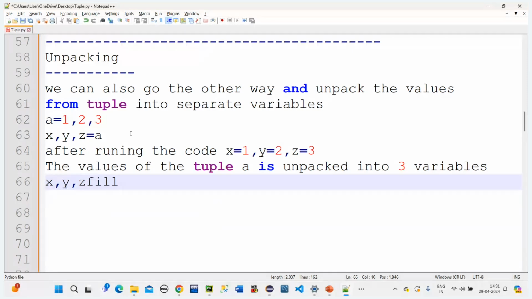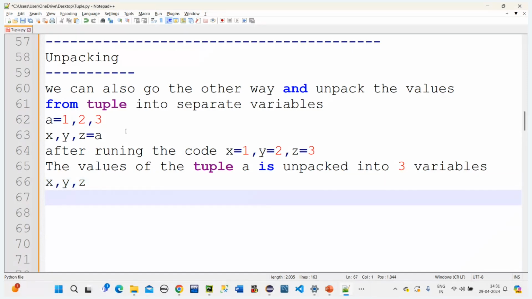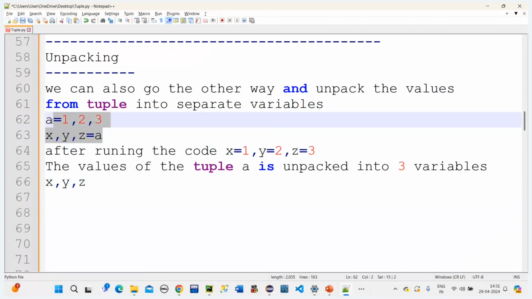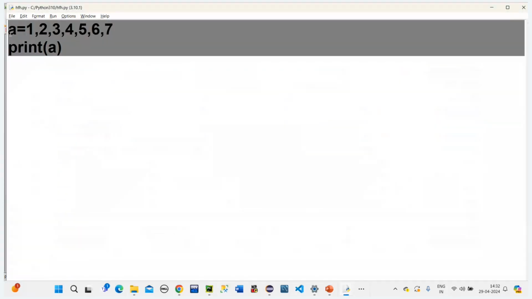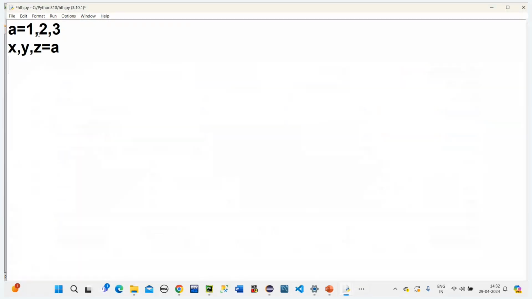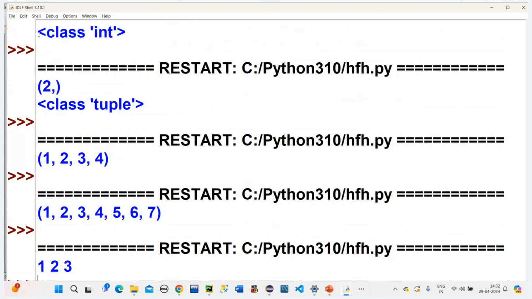Now in this there is one note point. We'll see that note point, but we'll execute this one first. Now print x, y, z. x, y, z, it is giving me 1, 2, 3.